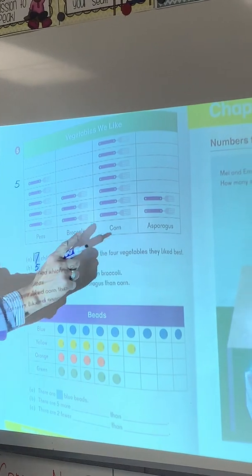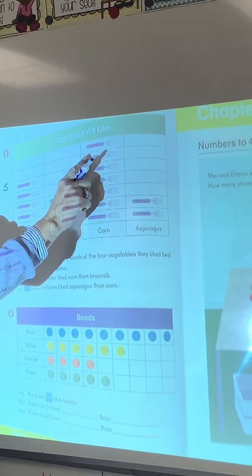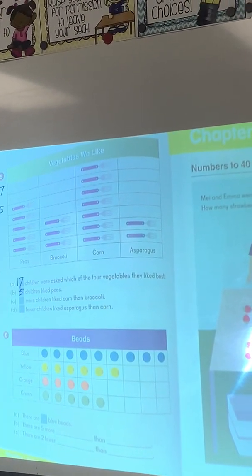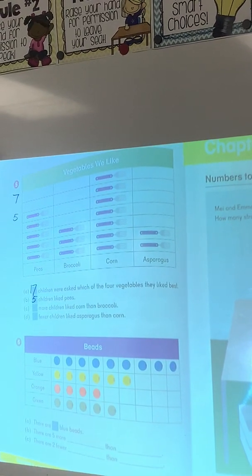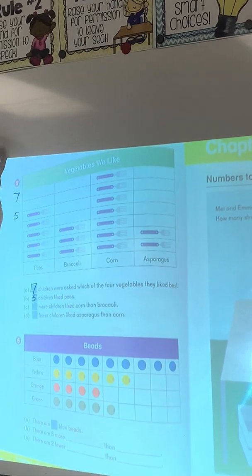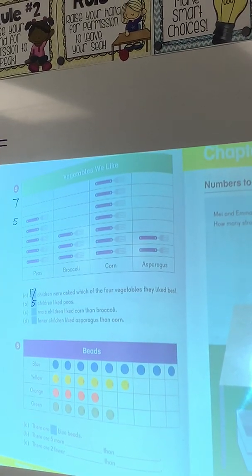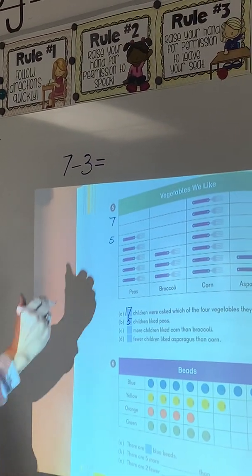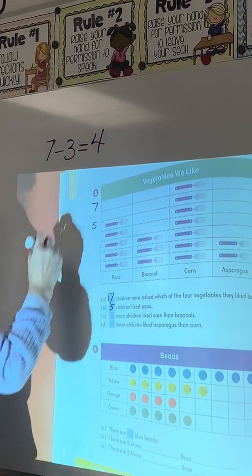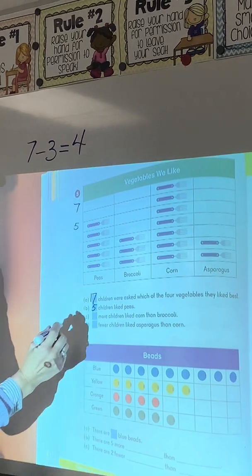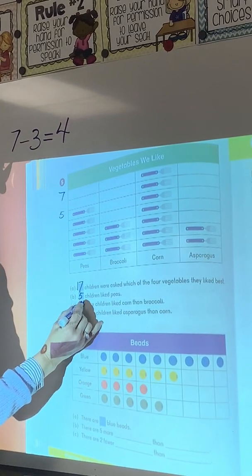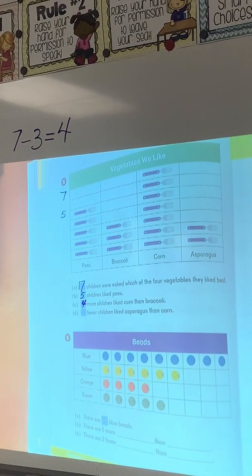Well, we know 1, 2, 3, 4, 5, 6, 7 children liked corn, and 3 children liked broccoli. What's the difference? That's going to give us the answer to this question. And we know right away 7 take away 3 is 4. 4 more children liked corn than broccoli.